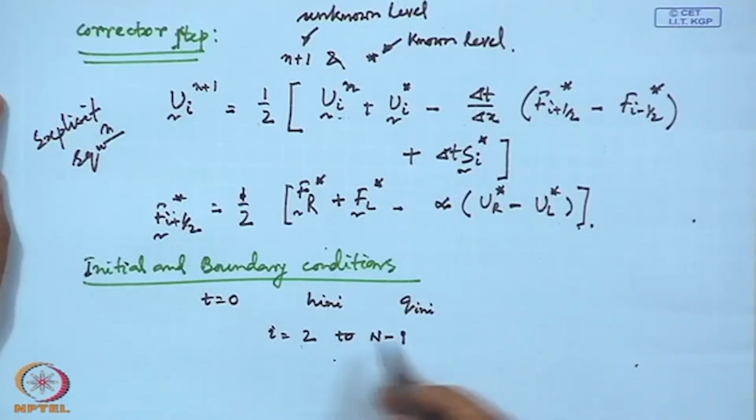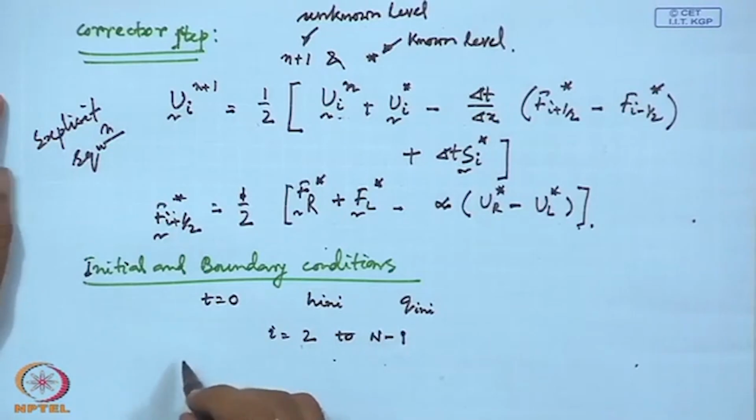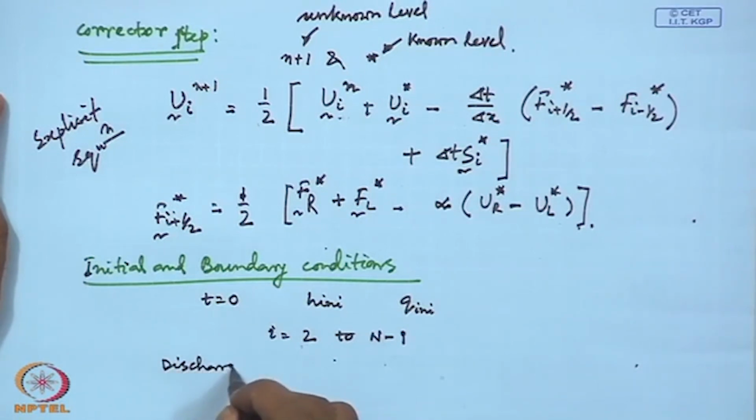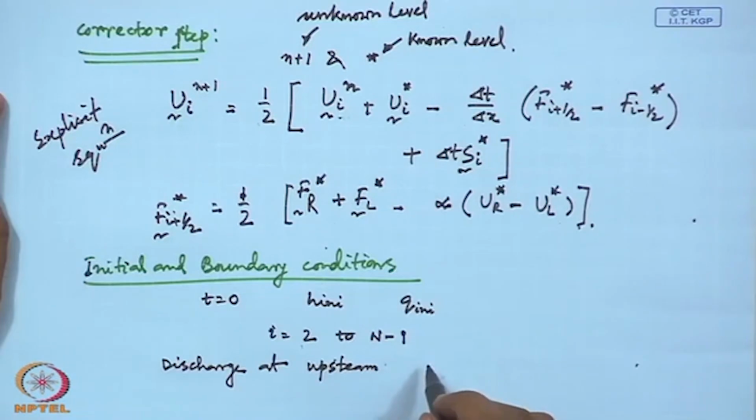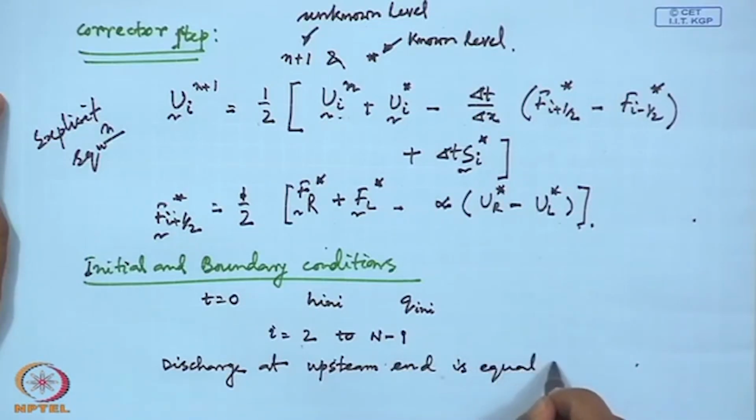So, discharge at the upstream end is equal to 0. So, discharge at upstream end is equal to 0.